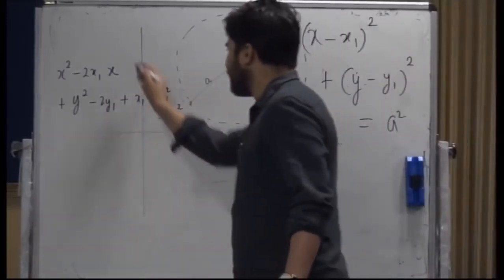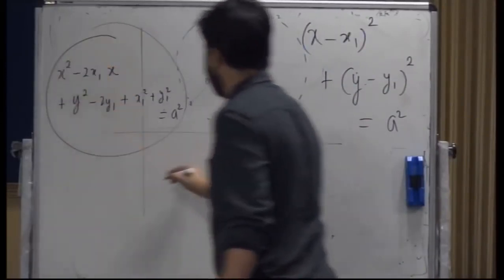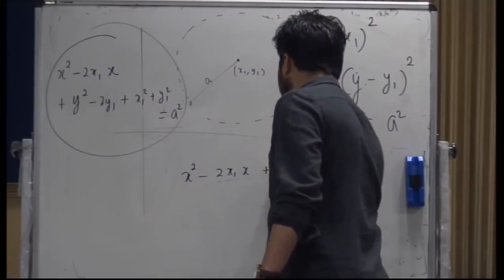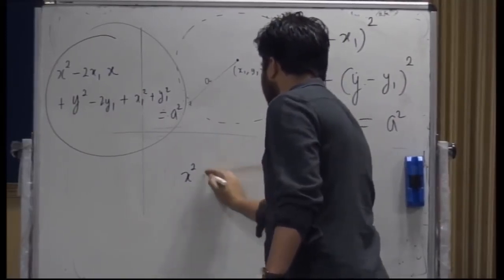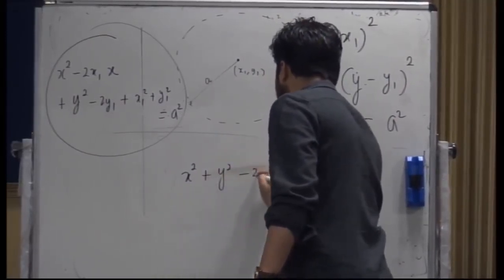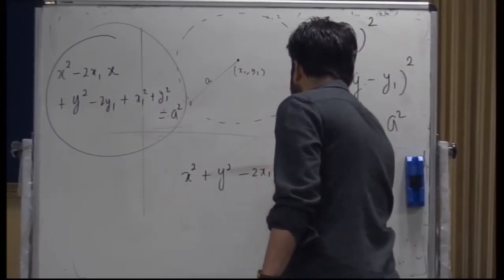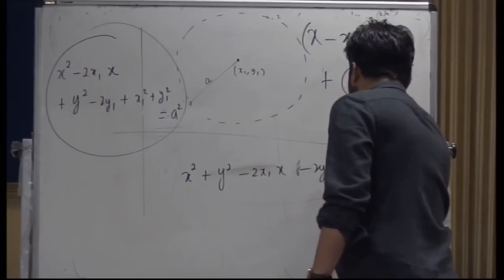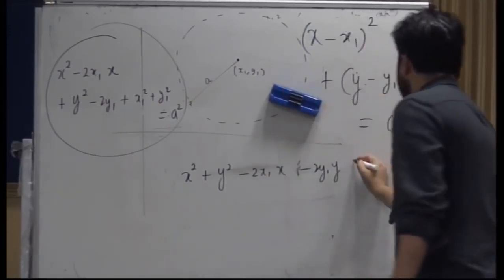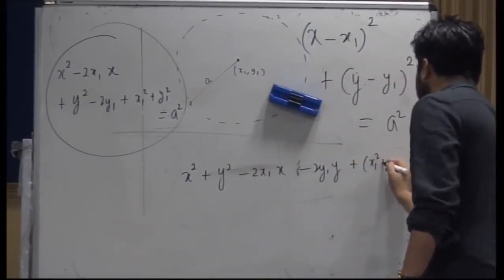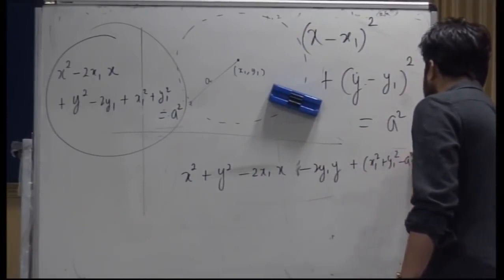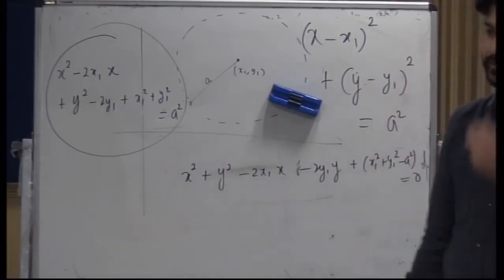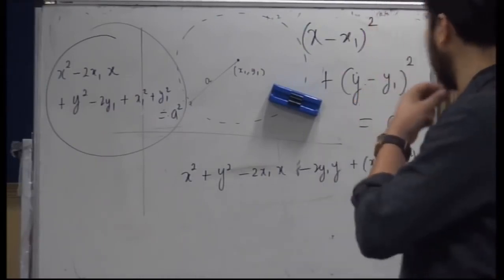So rewriting it: x square plus y square minus 2x1x minus 2y1y plus x1 square plus y1 square minus a square is equal to 0, right? Okay.